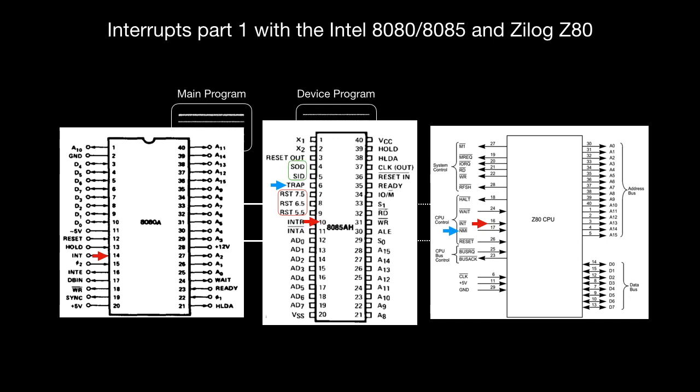The pins SOD and SID stand for serial out and serial in data. Yes, the 8085 has an integrated serial port, which I will cover in the next video. The Z80, on the other hand, can put the interrupt pin in 3 different modes, which I will cover in a dedicated video.